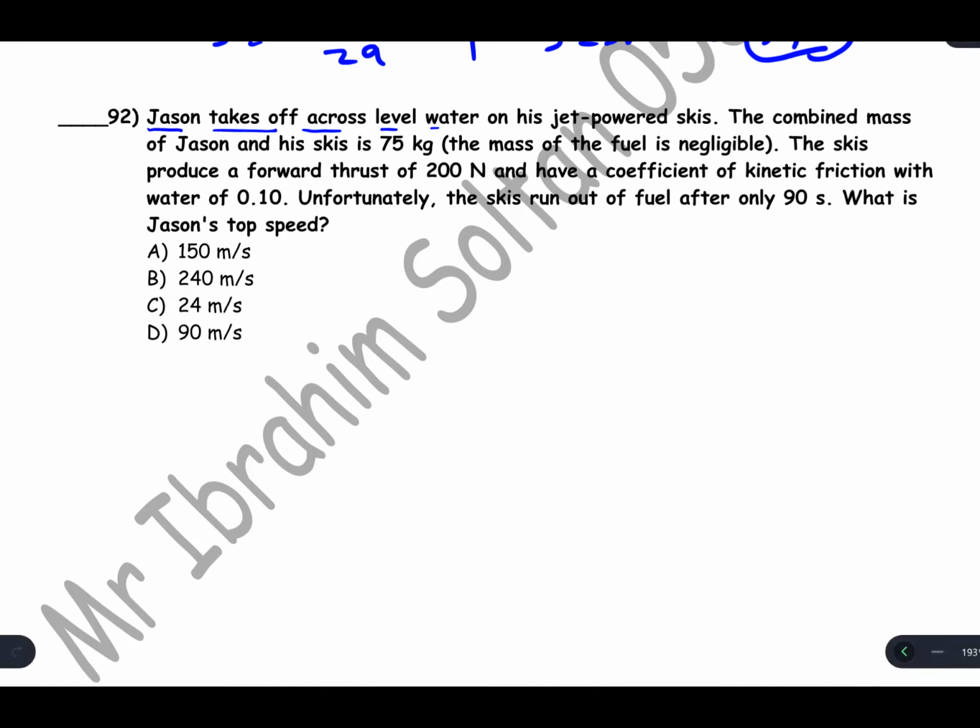Jason takes off across level water on his jet-powered skis. The combined mass of Jason and his skis is 75 kilograms, so you have M equals 75 kilograms. The mass of the fuel is negligible. The skis produce a forward thrust of 200 Newtons, and so F thrust equals 200 Newtons. And they have a coefficient of kinetic friction with water of, so mu k equals 0.10.